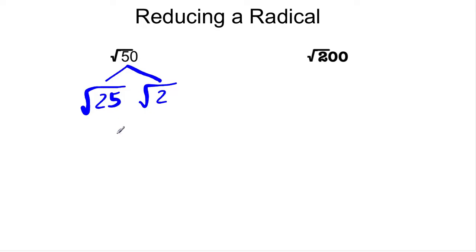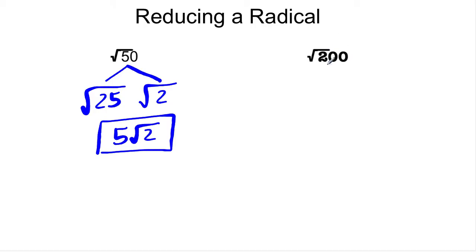Well, the square root of 25 is 5, and the square root of 2 is root 2. Now, technically, the square root of 25 is plus or minus 5, but we just write the positive. And of course, if we're talking about distances, we're only going to have positive roots because we can't have negative distances.